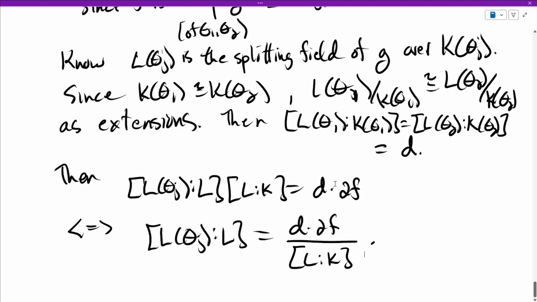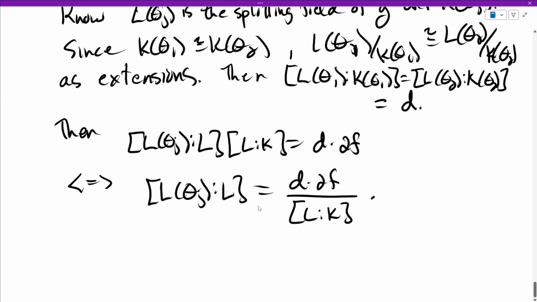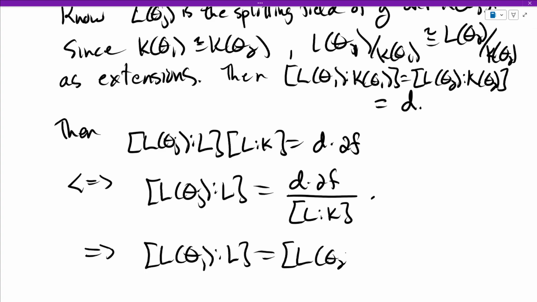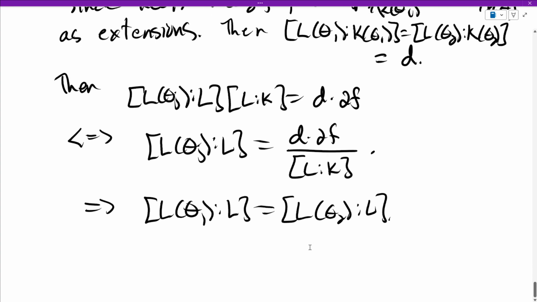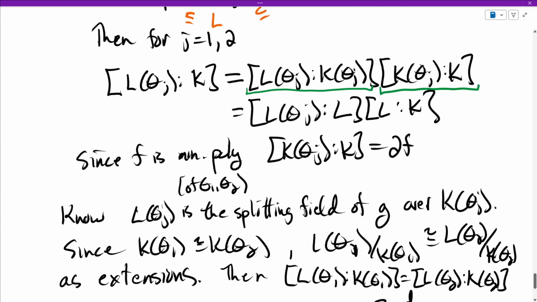All right. In particular, the degree of L of theta 1 over L and the degree of L of theta 2 over L are equal to this same constant. So they are equal. That's the proof of the claim.